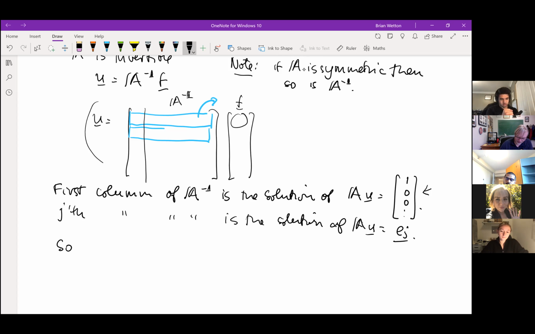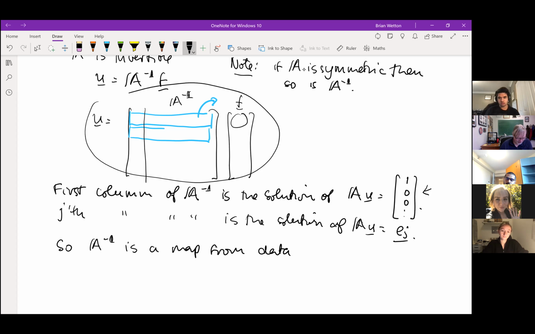But if you look at this, the way to see it is that this inverse is a map from the data to the solution. And it shows exactly how every component of F influences every component of the solution.